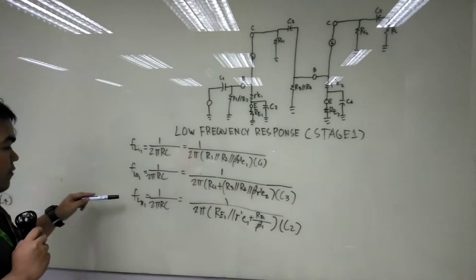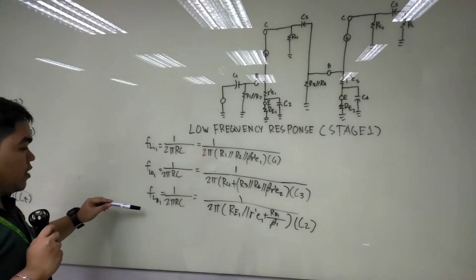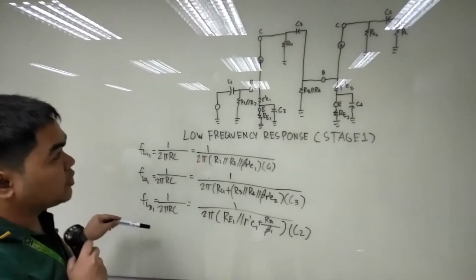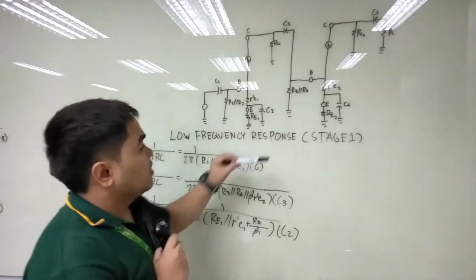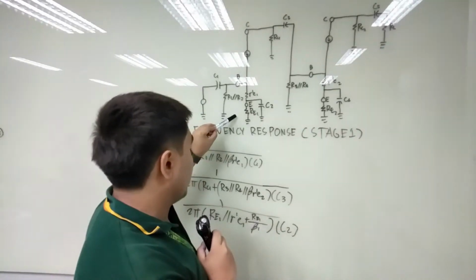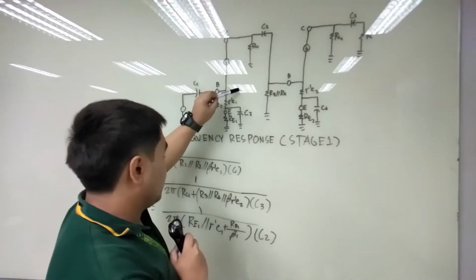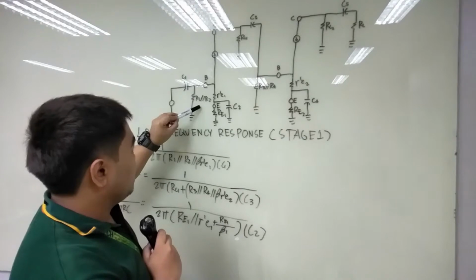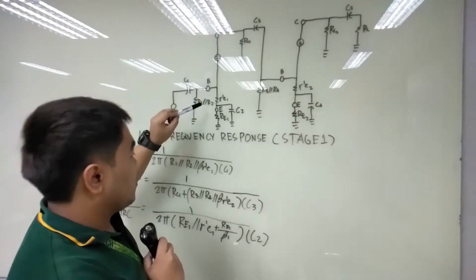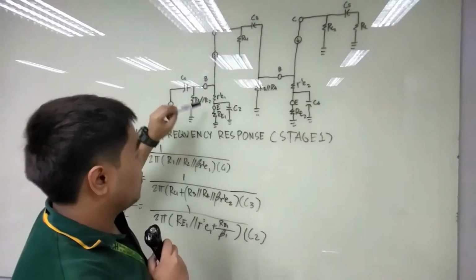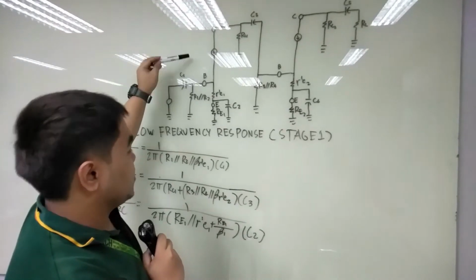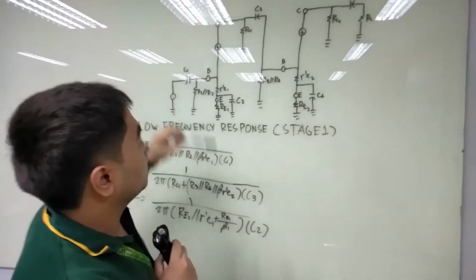For the FL bypass 1, we use the equation 1 over 2 pi times RE1 parallel R prime E1 plus RB, which is R1 parallel R2 over beta of the first stage, times capacitor 2.